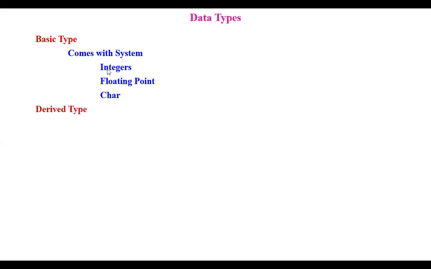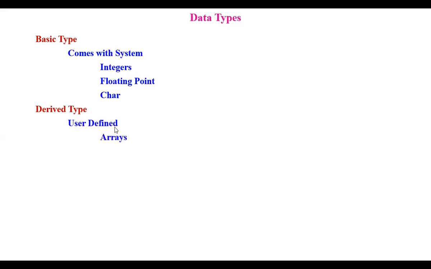Next, derived types. By taking these basic data types, we are going to form a different type of data type. It is called derived. We are deriving by taking these basic types. They are user defined.